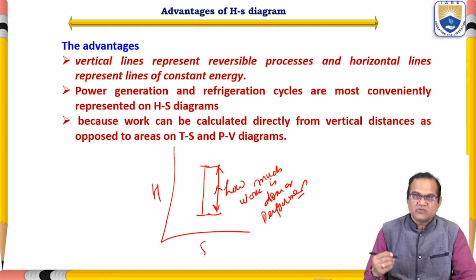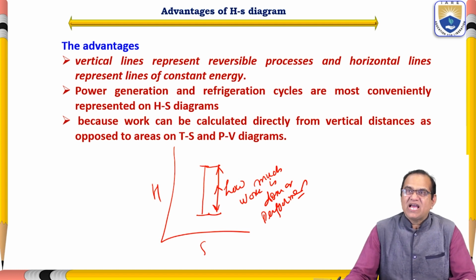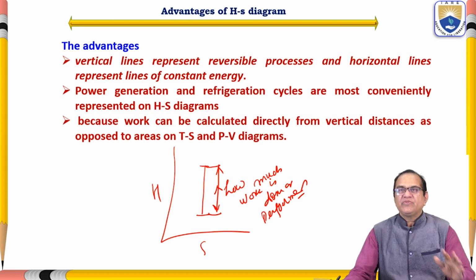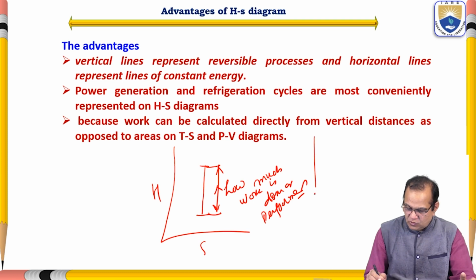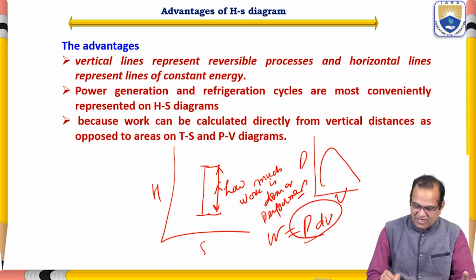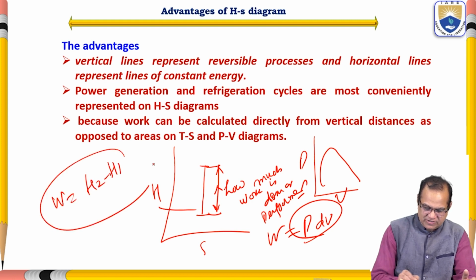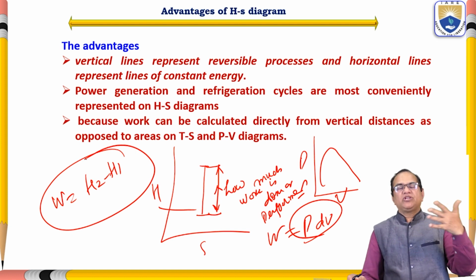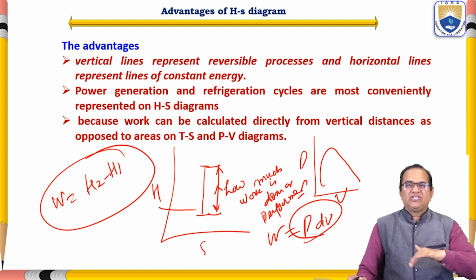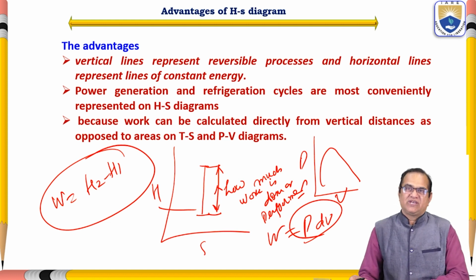If it is going down, work is done, and if it is going up, work is to be done on the system. In the TS and PV diagrams we have to use the area: in PV, work is equal to PdV. But here it will give you H, so work is equal to H2 minus H1. Directly, if you subtract the final enthalpy from the initial, you will get the work done by the system. That is the advantage of this diagram.